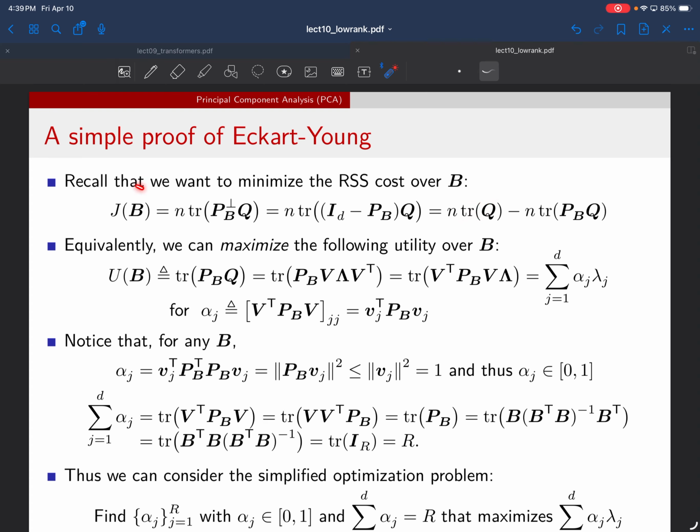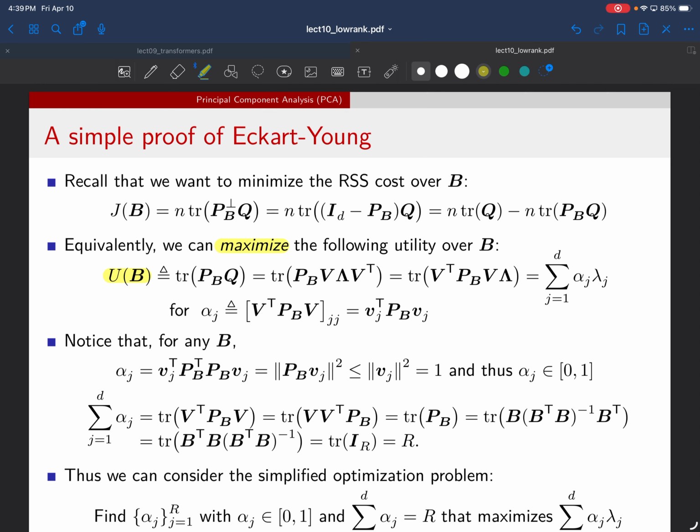And in fact, what we're doing is minimizing this cost over B. And now you can see that if I maximize this trace term over B, that will minimize the cost. So let's think about this trace term as a utility rather than a cost. Call it U of B. And we want to maximize this guy. Okay, so this is the problem we have.